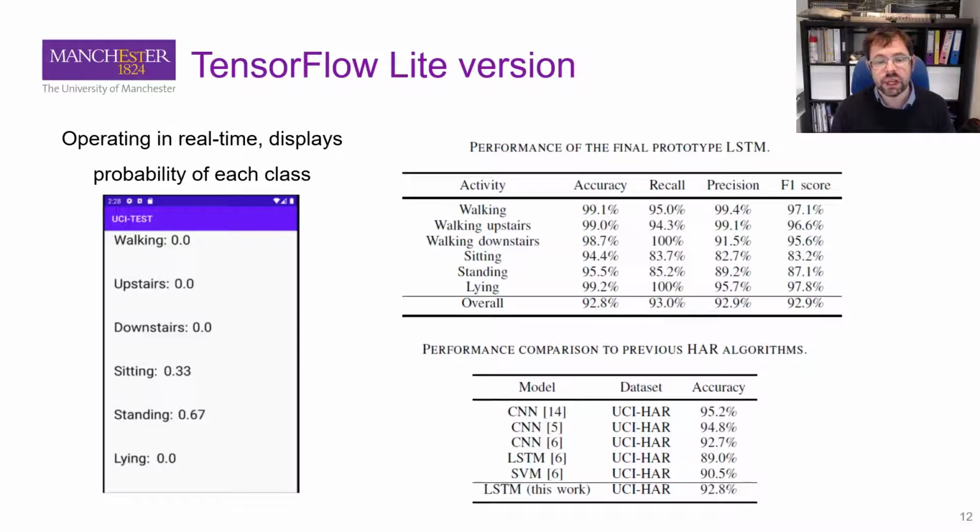It outputs the probability of being in each of the different activity states at any point in time. And the performance is about 92%, nearly 93%, so very much in line with the previous state of the art for offline networks.